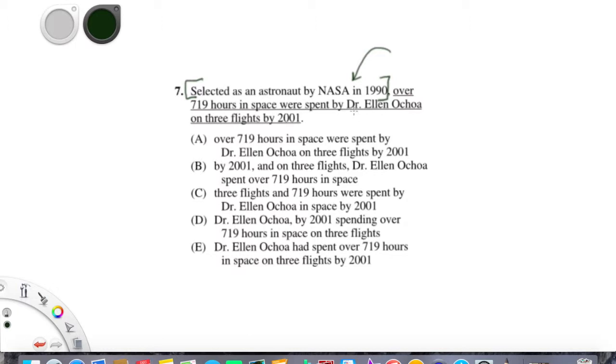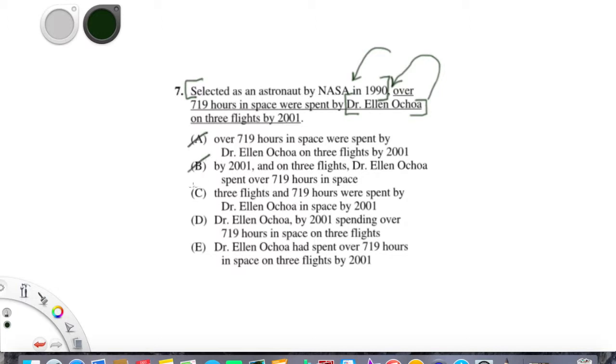Dr. Ellen Ochoa was. So we have to change the construction of the sentence so that we're clear that this modifying phrase, selected as an astronaut by NASA in 1990, is correctly referring to the subject, which should be Dr. Ellen Ochoa. So Dr. Ellen Ochoa should be right here after this comma.